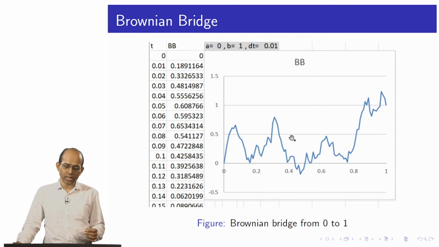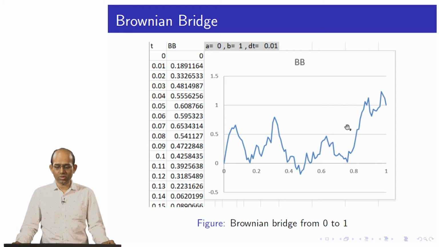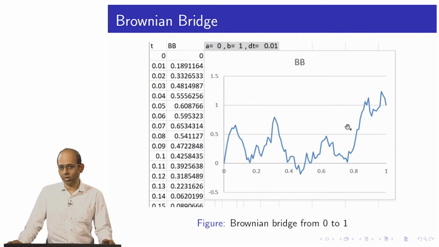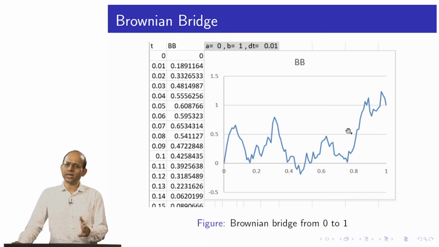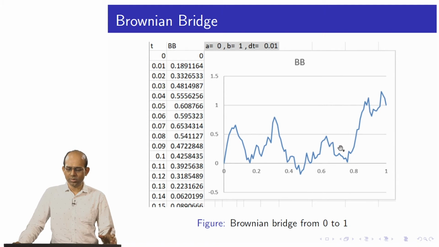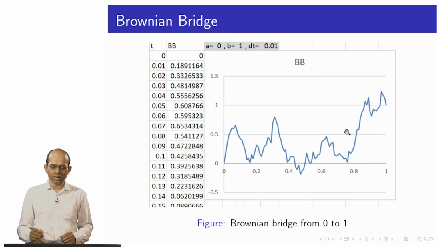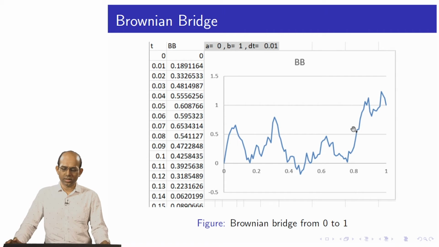This is actually simulated from the SDE, the stochastic differential equation, whatever we have obtained. One can actually simulate from the direct definition also, but here I have simulated from the SDE to check how nicely it is coming. If I have time, I would come back to the simulation procedure also.